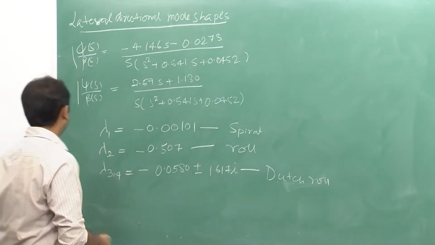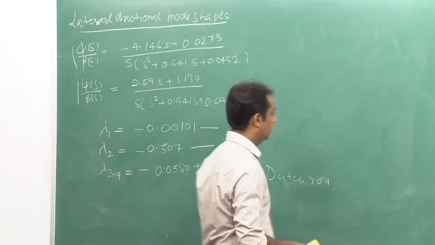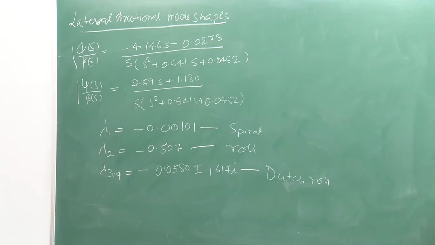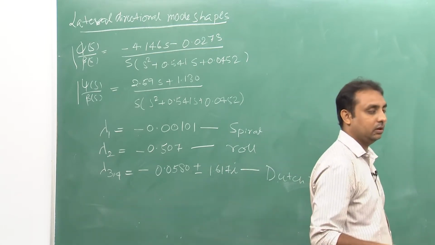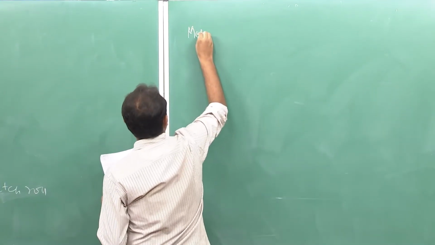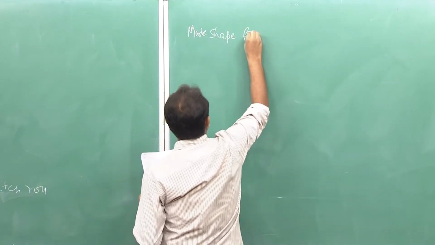So, evaluating these ratios at each of these roots, you will get the mode shapes for the different modes: spiral, roll, and Dutch roll. Let us first see the mode shape for the spiral mode.